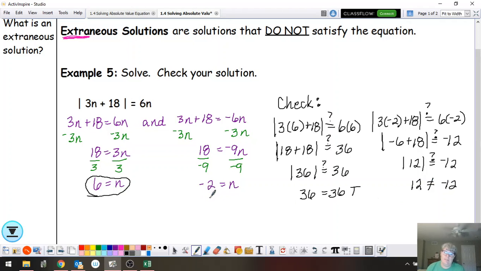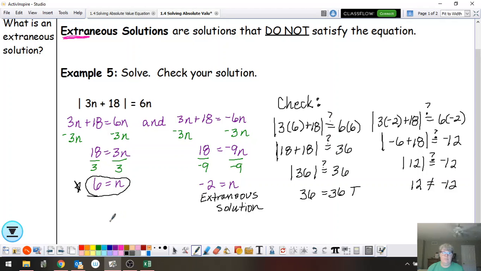Negative 2 is not a solution. We call this an extraneous solution. So the only solution to this problem is that n equals 6.